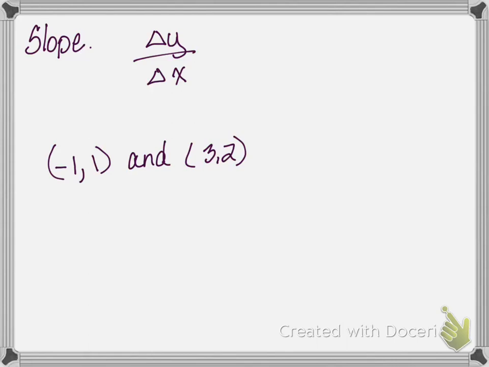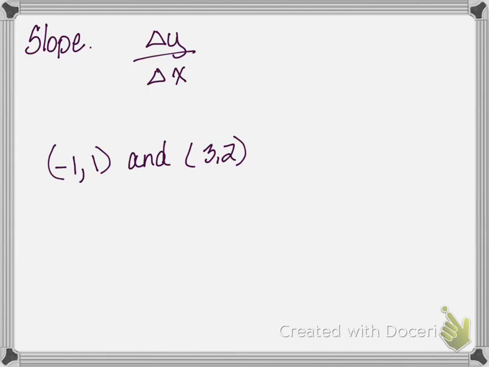Your 0 in this scenario is in the numerator only. 0 divided by -12 is 0. And that is okay. So we have a 0 slope.